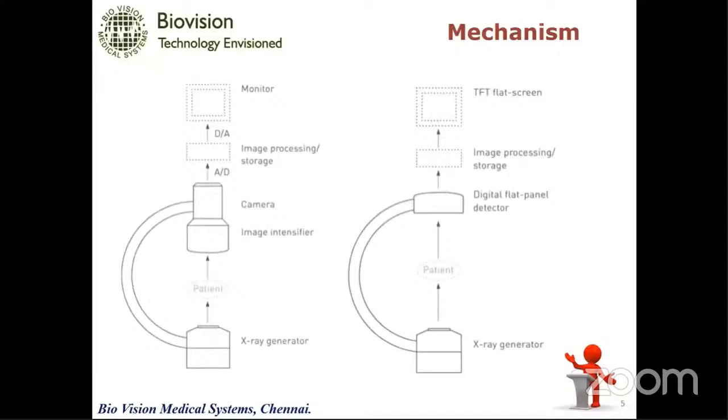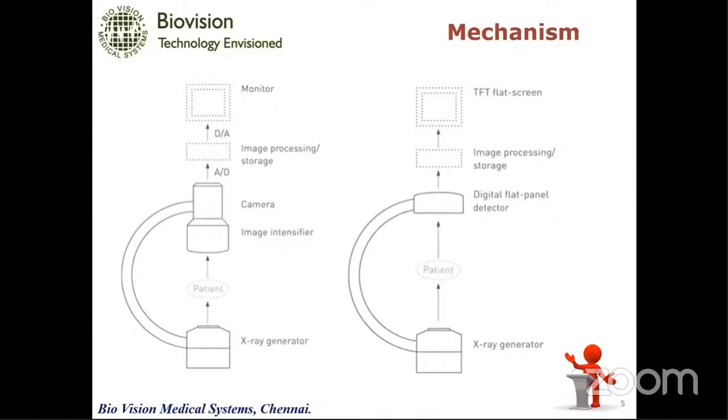Whenever we use an image intensifier, it converts your analog to digital, and then it is displayed on a monitor. The monitors used are basically analog monitors. These are now not in practice, but the people who bought them in earlier days are still using the same C-arm with image intensifiers. Nowadays the technology has greatly improved and we use only flat panel detectors most of the time instead of a CRT monitor.